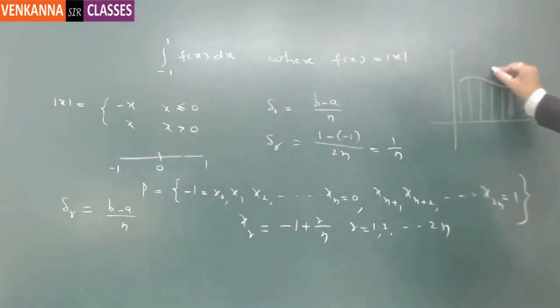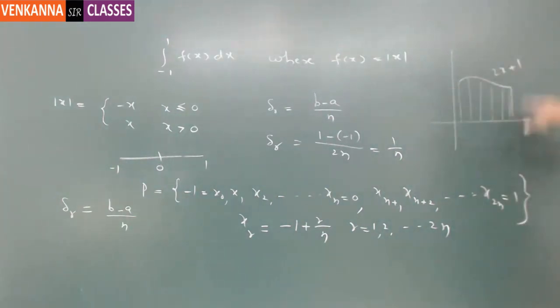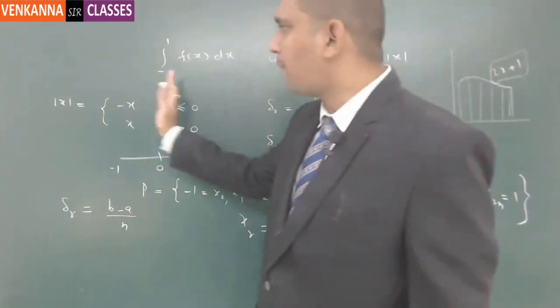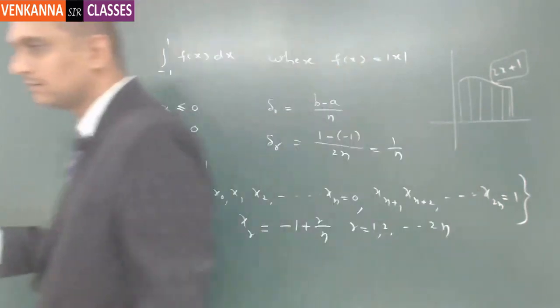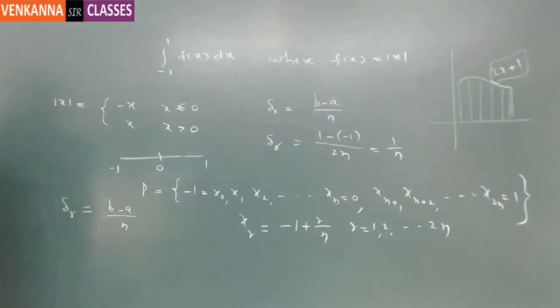Let me say if the function is 2x plus 1, throughout the interval its value is nothing but 2x plus 1. Here, for half of the interval its value is minus x, and for the rest of the interval its value is x. Did you get the logic? The function value is changing. In other words, we are integrating two functions. That is why from -1 to 0, I have considered n segments. From 0 to 1, I have taken another n segments, total 2n segments. That was the idea. Fine.